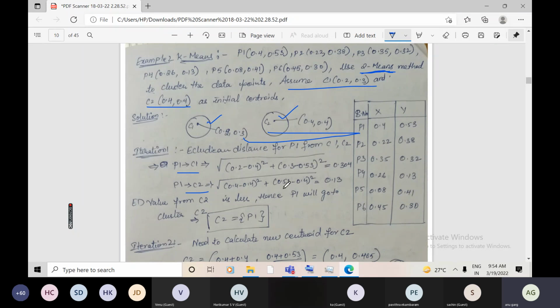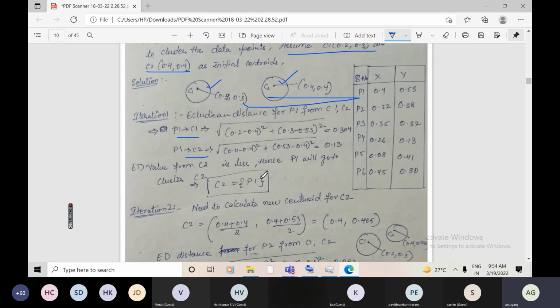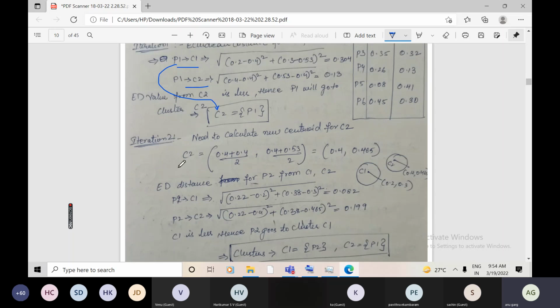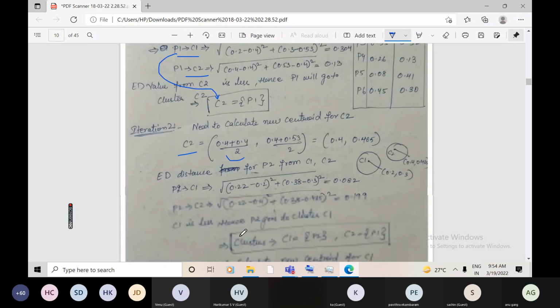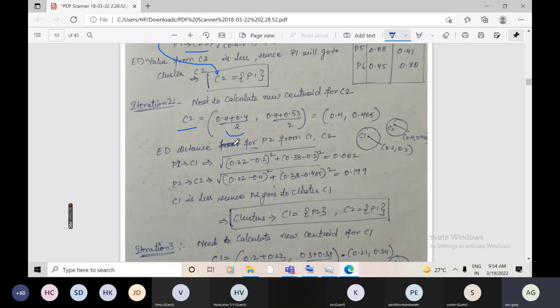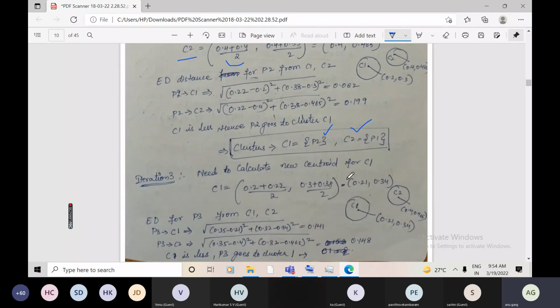I found the Euclidean distance, then whichever is less, the row will go to that cluster. So in this case, P1 will go to C2. And then for C2, we are recalculating the centroid: original centroid plus this, divided by 2. You just have to remember the steps. It's very simple. So you form these clusters finally. Then similarly, you do the next iteration.